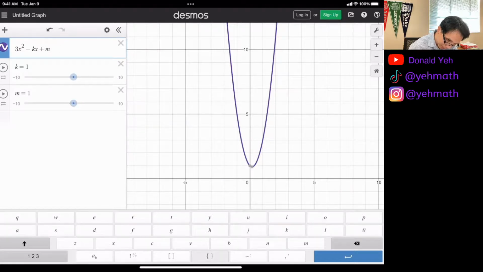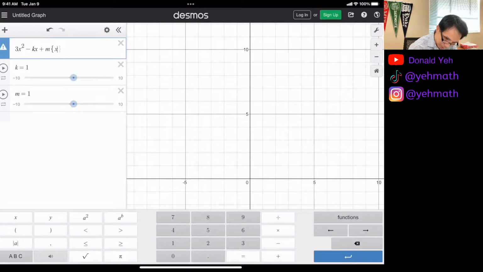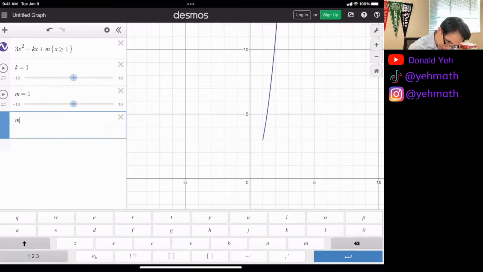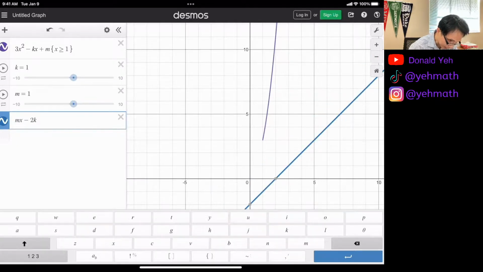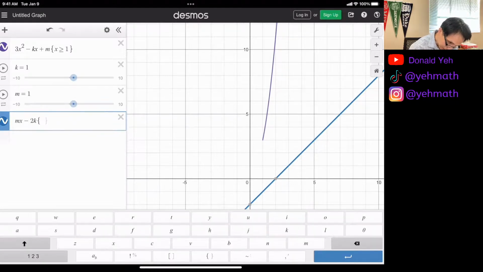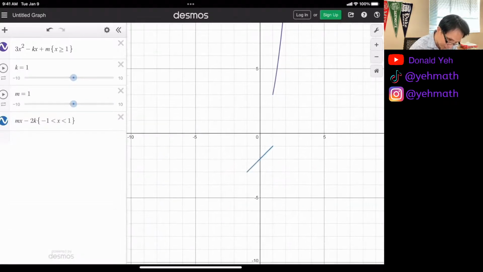What does the brace say? X is greater than or equal to 1. Okay, what's the next equation? Mx minus 2k. That's going to be like this, and then I'm going to have a brace: negative 1 less than x less than 1. So that's obvious. You see that breaking point, it's not continuous.